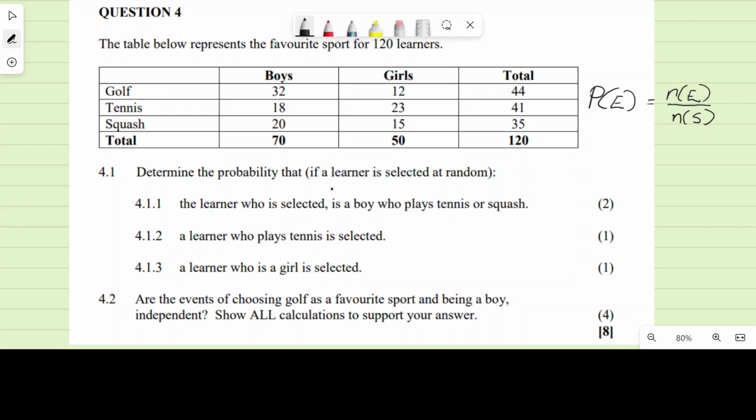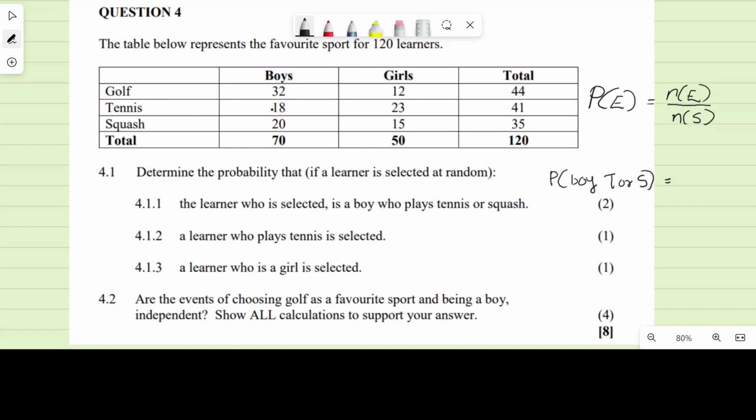So here the probability that a learner selected is a boy who plays tennis or squash is equal to, look at the boys, how many of them play tennis or squash?